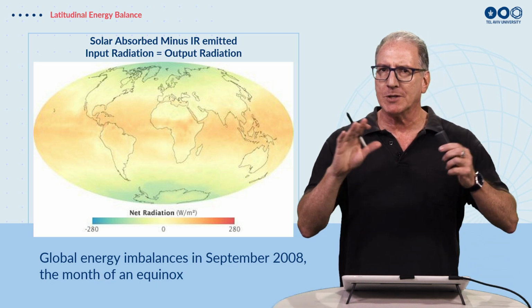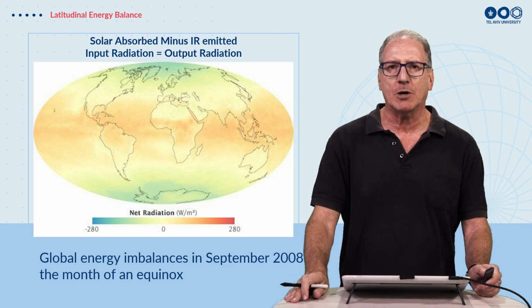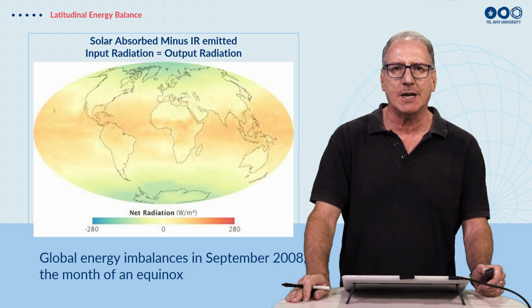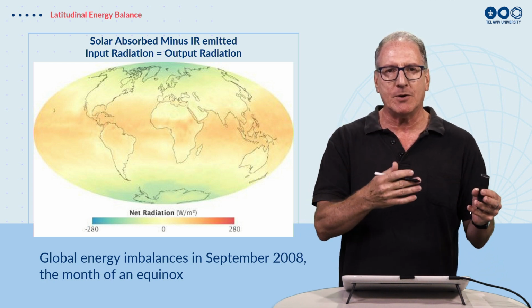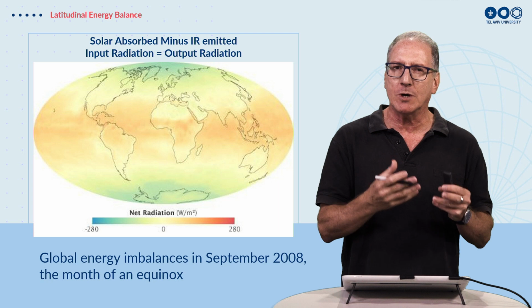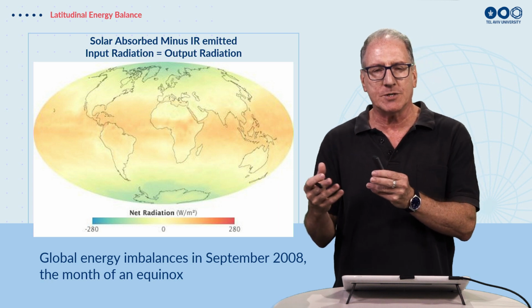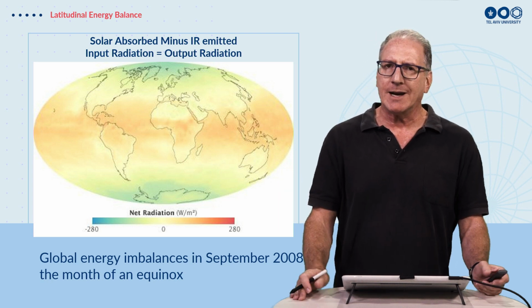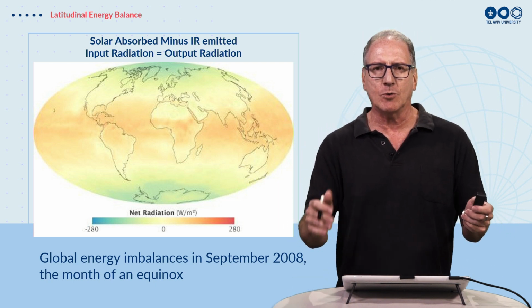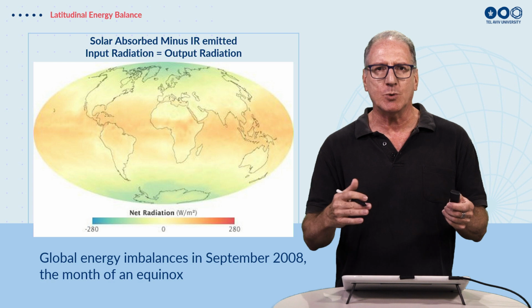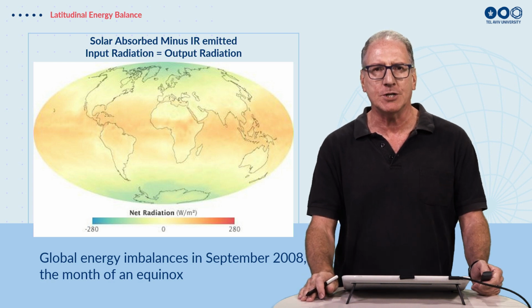So actually, when we look at the planet, and this is a plot of data from September 2008, we actually have an imbalance that in some areas we're getting more energy than we're losing, and in other areas the opposite. So how can this be? How can it be that the Earth's temperature is not changing overall, but we have this imbalance between the input and the output of the energy?